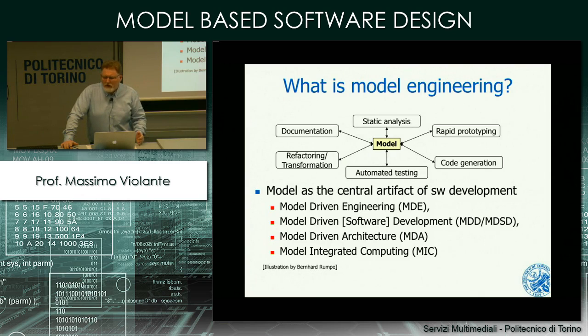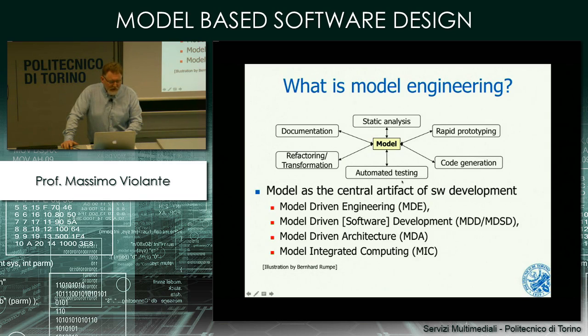So you may wonder whether the same system will always lead to the same model. Well, the answer is obviously no. Depending on what we want to achieve from the model, starting from the same original system, we will build different models capturing different properties that are relevant for the specific activity that we want to do.